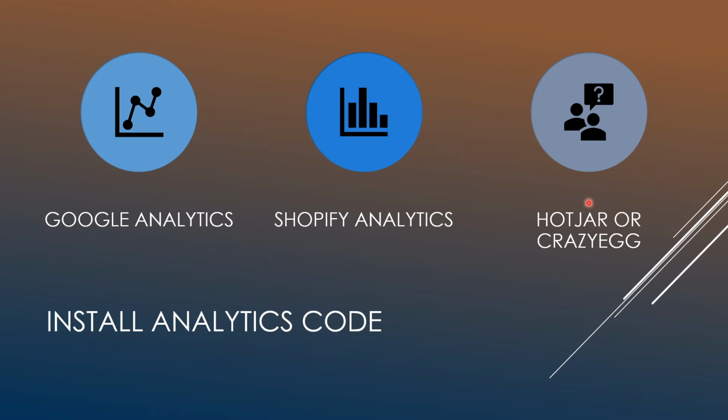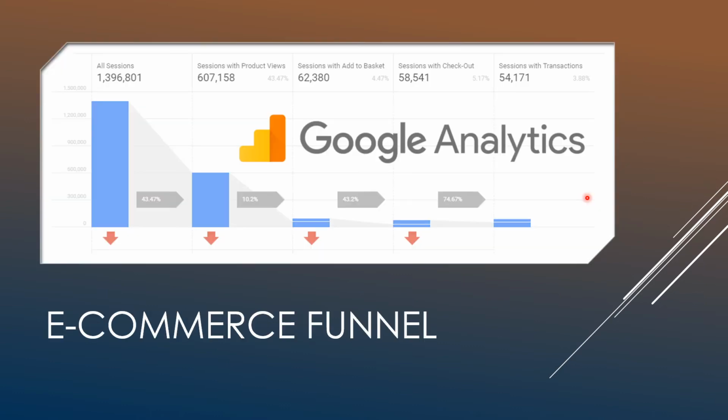It will help you to create heat map of your website and understand which sections of your website are most clicked, and how people are consuming your content. So Hotjar is a pretty powerful tool to optimize your product pages. And then we have your e-commerce funnel. So this is basically the e-commerce funnel from Google Analytics.